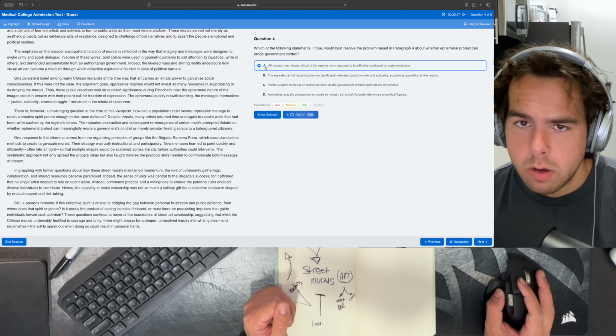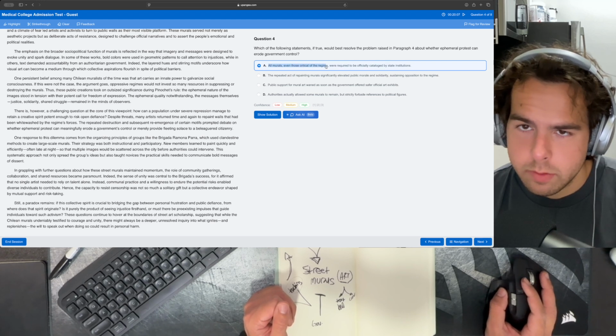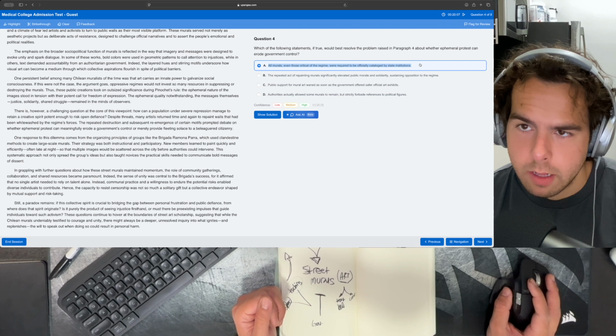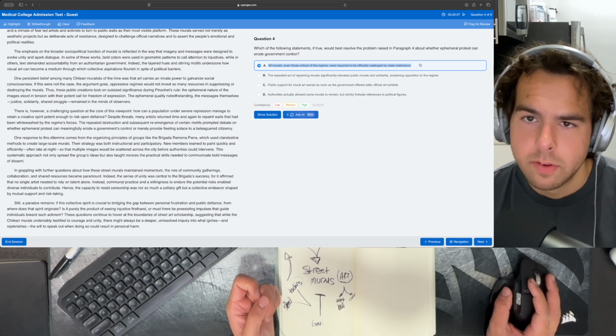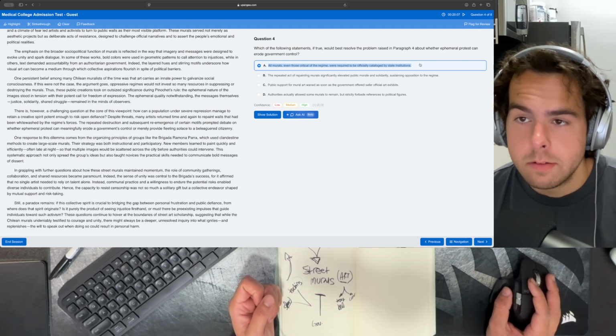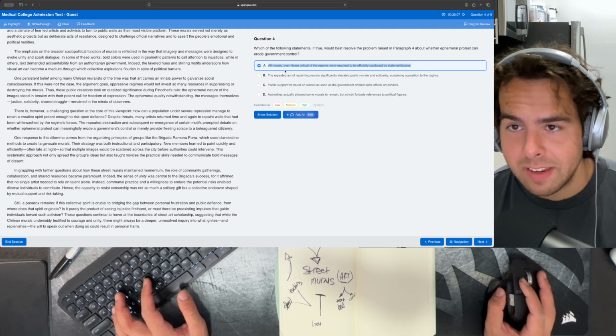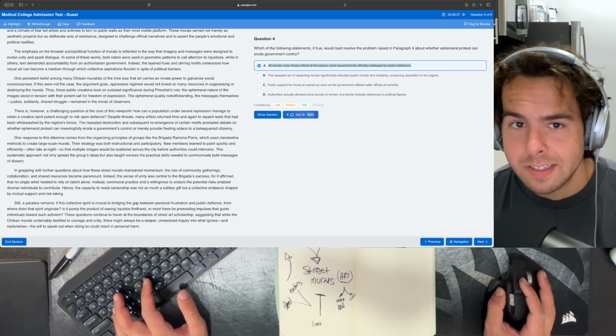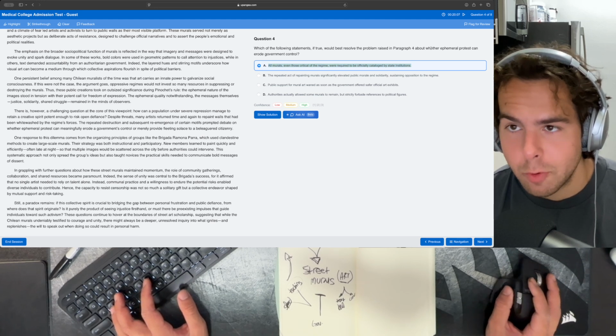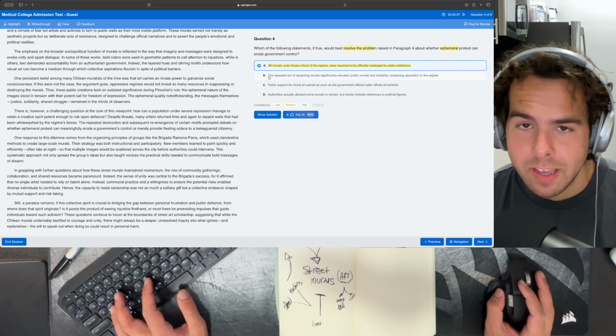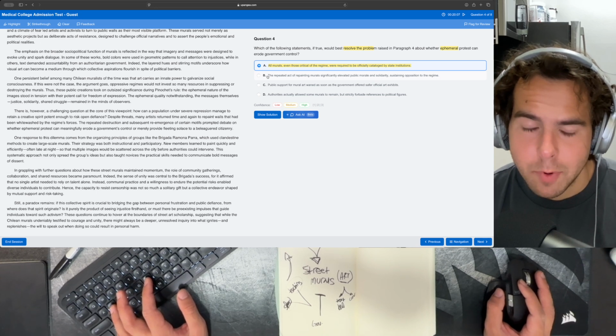All murals, even those critical of the regime, were required to be officially cataloged by state institutions. Oh. If they had to be officially cataloged by the state institutions, that would solve the ephemeral problem. Because the problem is an ephemeral problem, aka fleeting, right? They put up this imagery and then it's taken down. Okay.